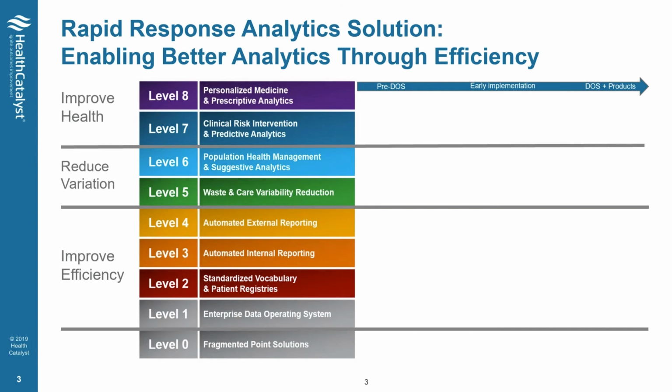That's where we actually use the analytics to reduce variation, reduce waste, population health management, all the way up through personalized medicine. But across the industry, we see resourcing patterns that look like this, where you've got a large pool of talent and they are more focused on the lower levels of this adoption model, levels 2 through 4, and we have a relatively smaller number of analysts focused on those really big ROI things.